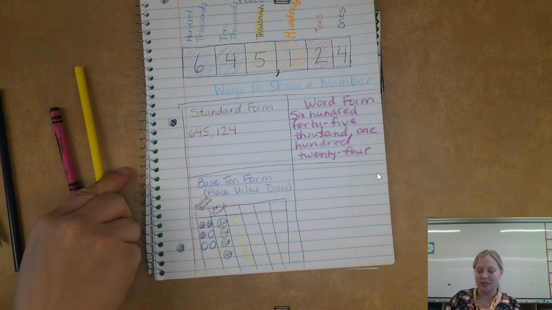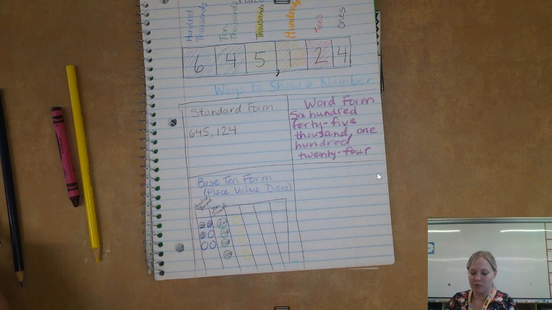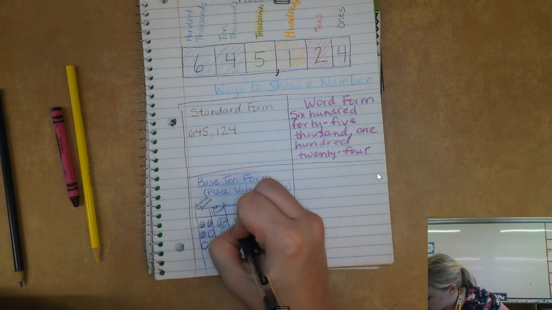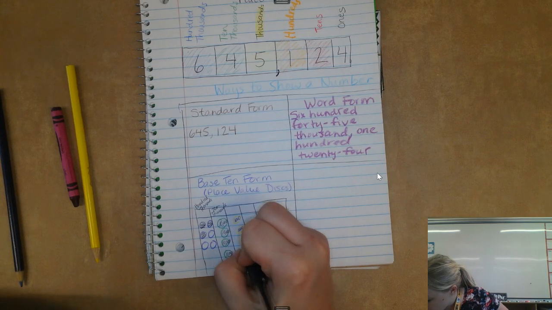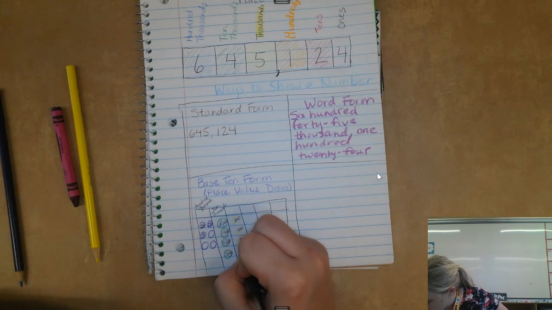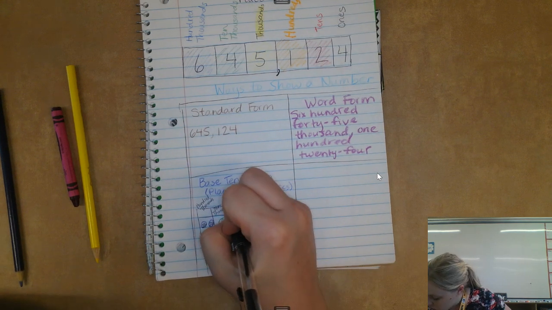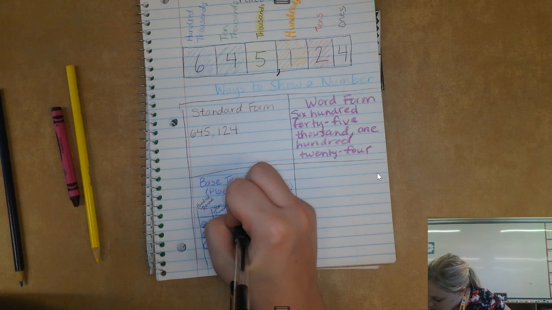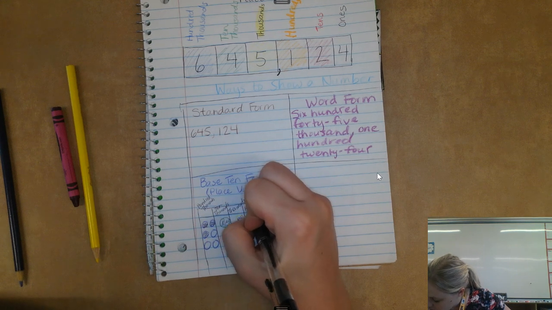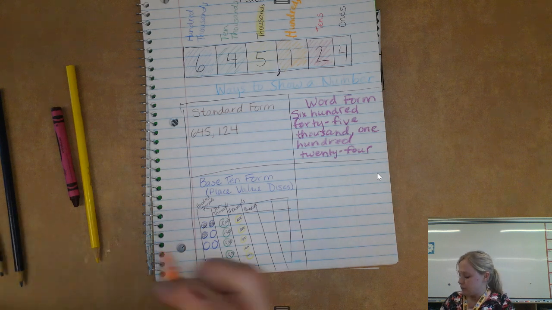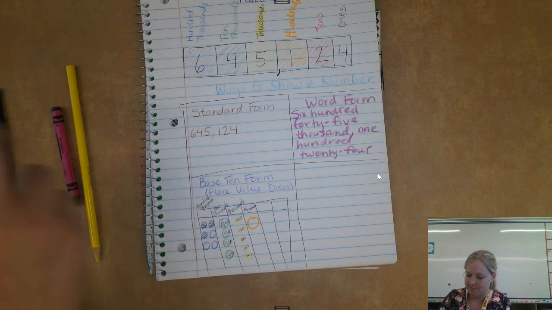It might be hard to see those, but that's why you can always draw it first in pencil, and then highlight it afterwards if you want. Then we have our hundreds. With our hundreds, we only have 1. So we're just going to draw 1.